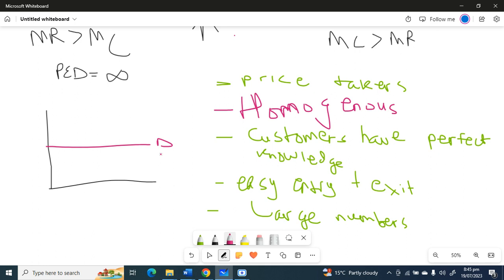Just erase that part of the downward slope, but you are in the right lane. You are breaking, I couldn't hear you.